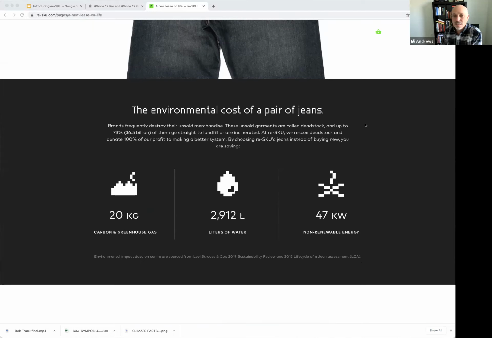In this case, that is 20 kilograms of carbon, 2,912 liters of water, and 47 kilowatt hours of non-renewable energy consumed in the production of this pair of jeans. This particular data comes from Levi's own sustainability review and life cycle of a jean assessment.